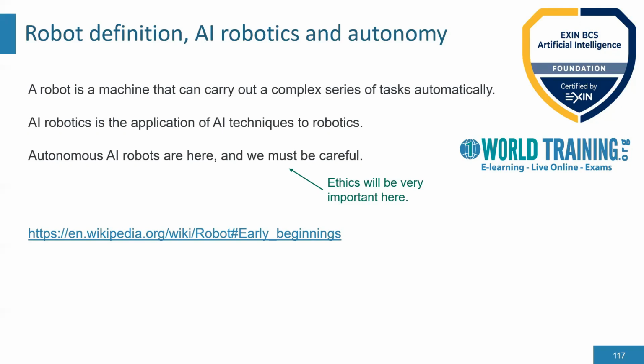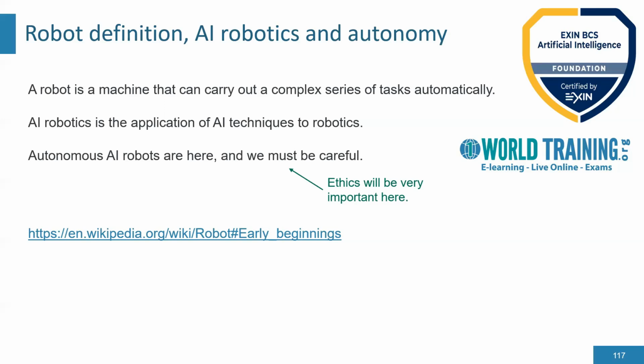With autonomous AI robots, we need to be very sensitive about it because there can be aspects of ethics involved here. When you try to build autonomy for AI robots, it can start having an impact on the human race. And when we have any kind of impact on the human race, we should always be exploring the aspects of ethics.